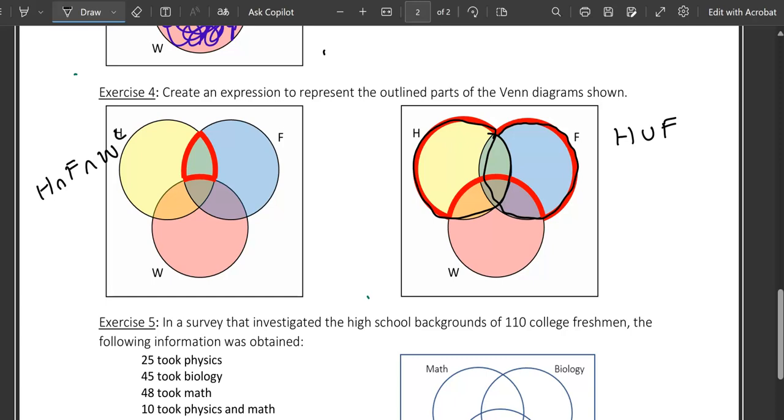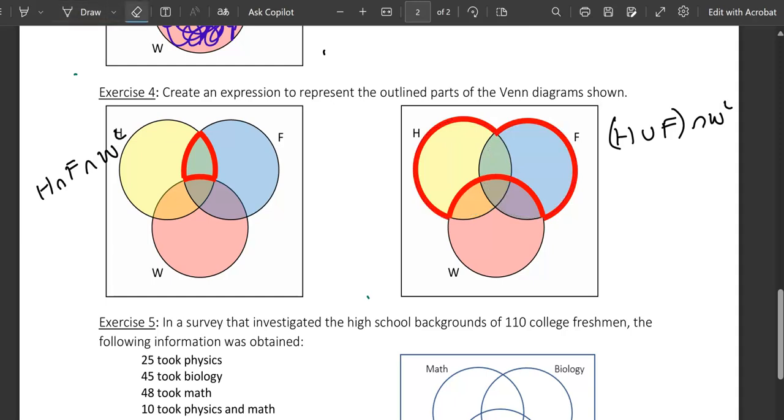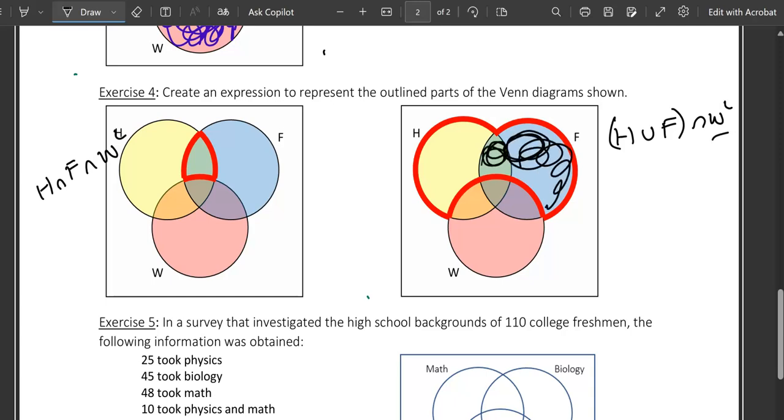But we don't want it to be touching the W. So we could do, again, intersection with W complement, which means it throws W out. I still got the union of H and F, but I've thrown out W there, and I think that works fine. That tosses W out the minute you say complement there. W's got to go. And we still got all of H and F, and all of H over here, correct? And throws W out.